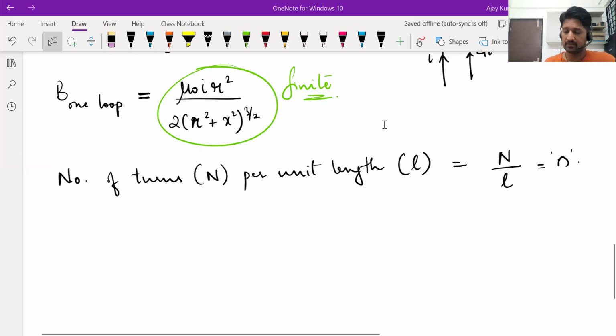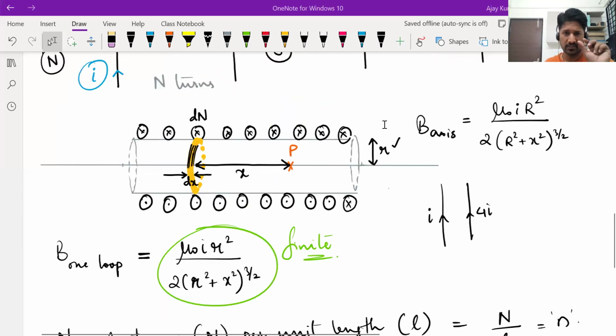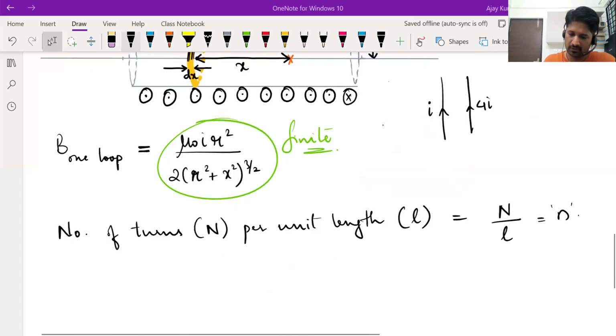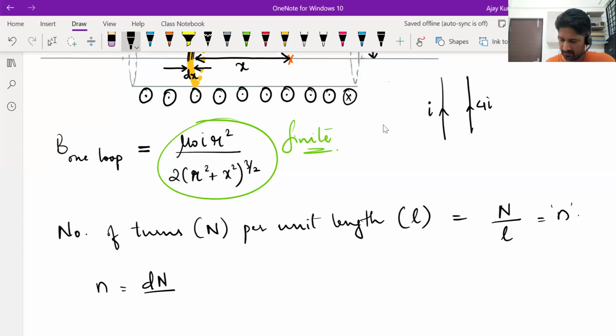Now, what is the thickness of that loop that we have considered? dx. So this small n should be equal to dn by dx, number of turns in that width divided by the width. So the number of turns in that width becomes small n into dx.